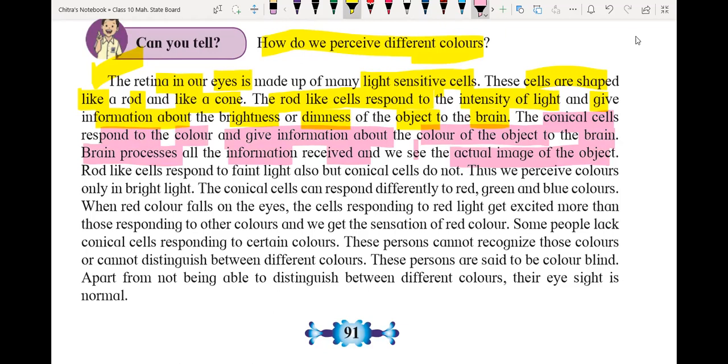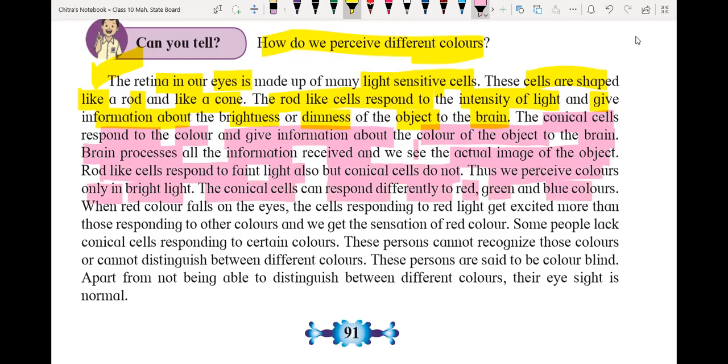The rod-like cells respond to faint light also, but conical cells do not. It means the conical cells are not going to sense the brightness and dimness of the object. Thus we receive colors only in bright light. The conical cells can respond differently to the red, green and blue colors of light.